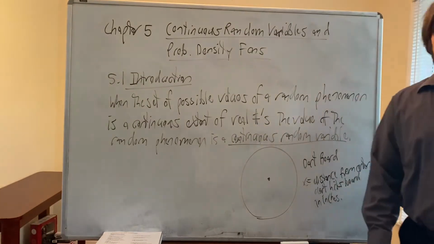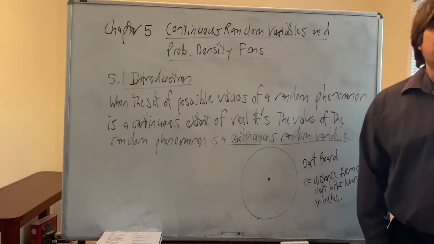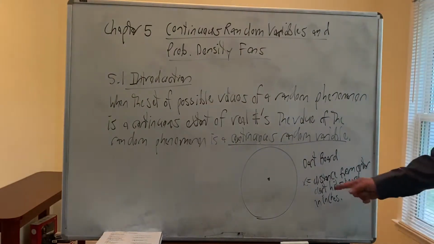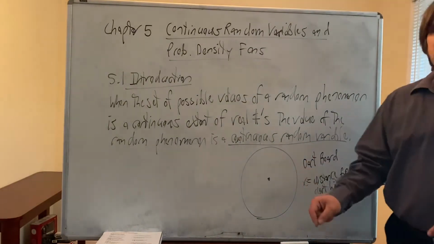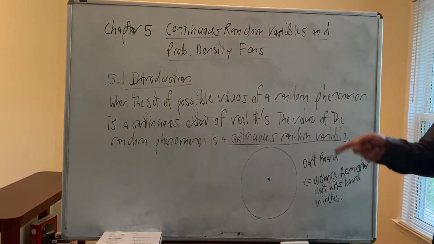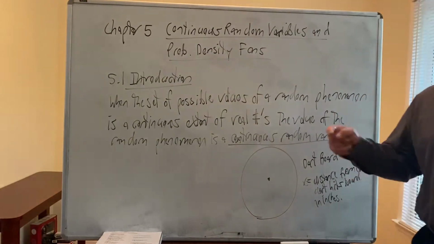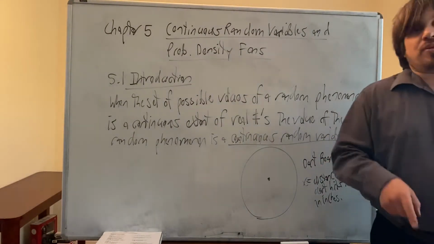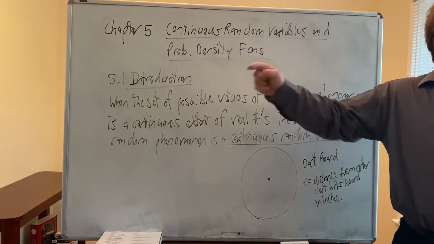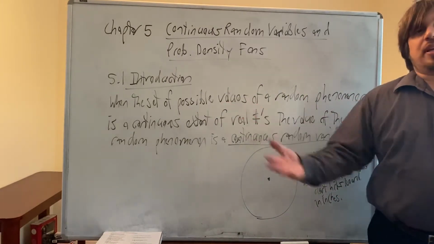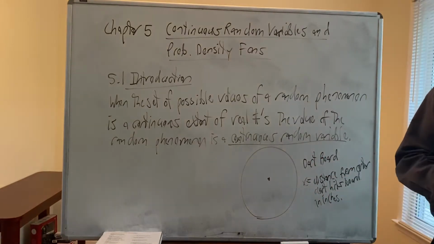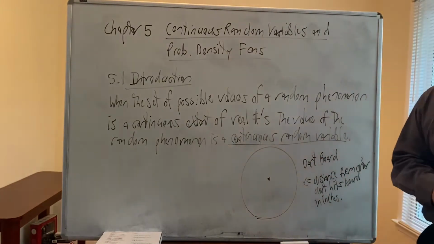Now, if we rounded the number to the nearest inch, if capital X was the distance from the center of the dartboard where I round to the nearest inch, then it would be a discrete random variable because the values capital X could take could only be 0, 1, 2, 3, 4, 5, 6, and so on. There could be infinitely many, but it would still be a discrete random variable, right?